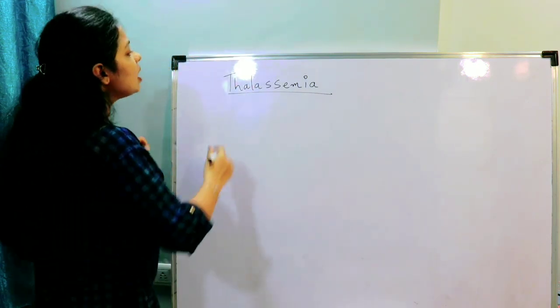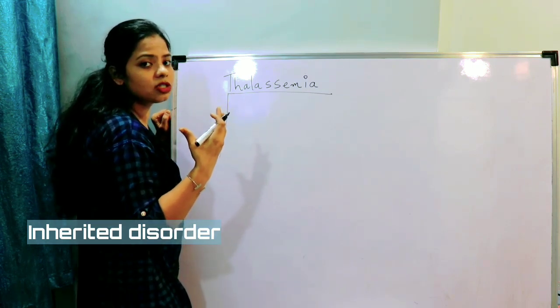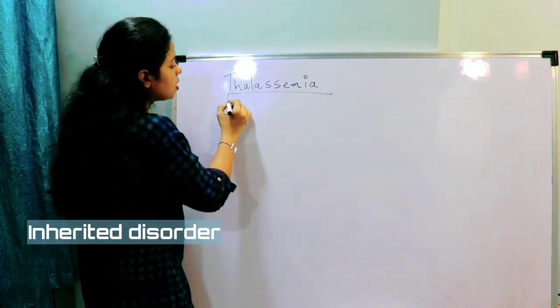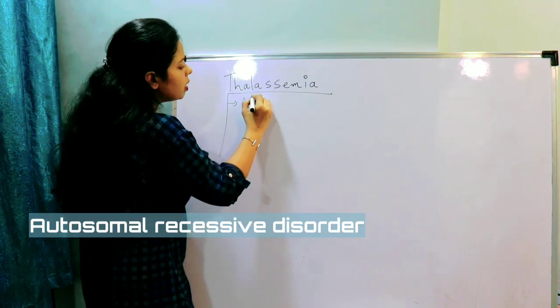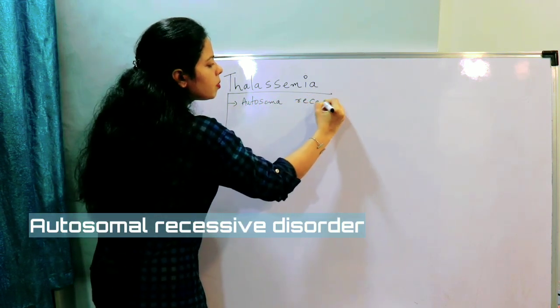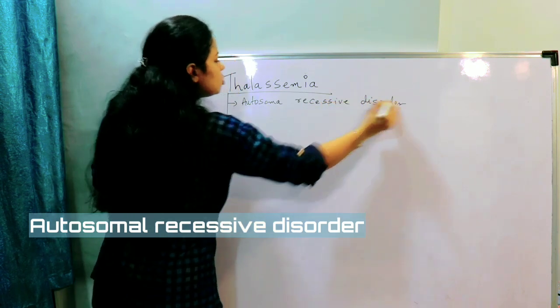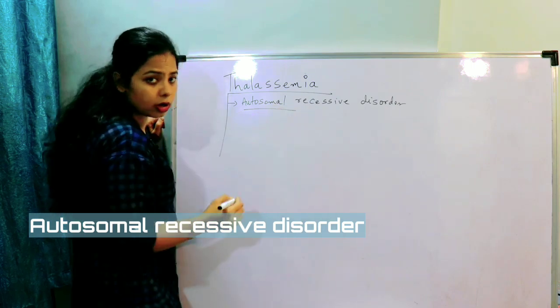Now thalassemia is an inherited disease because it is passed on from parents to offspring. It is an autosomal recessive disorder. Why do you call it an autosomal recessive disorder?